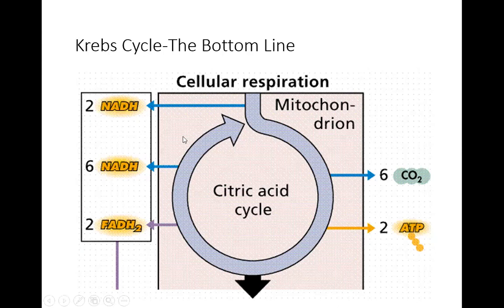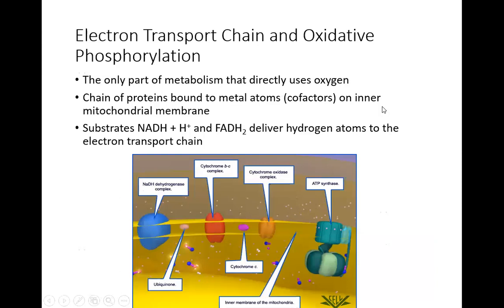So now, this is your bottom line slide on the Krebs cycle. Electron transport consists of 3 enzymes embedded in the membrane of the mitochondria. These NADHs are going to bring hydrogens and electrons to the electron transport chain. 3 different enzymes embedded here, plus what we call the ATP synthase.